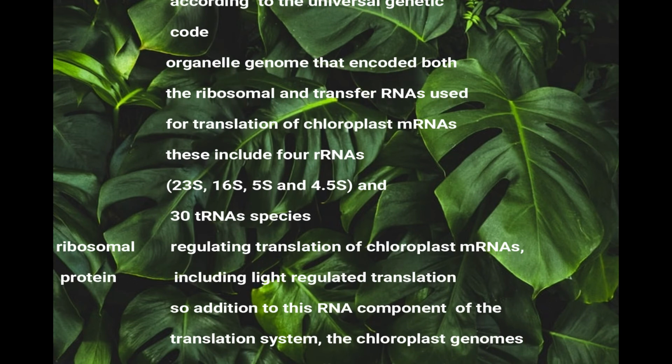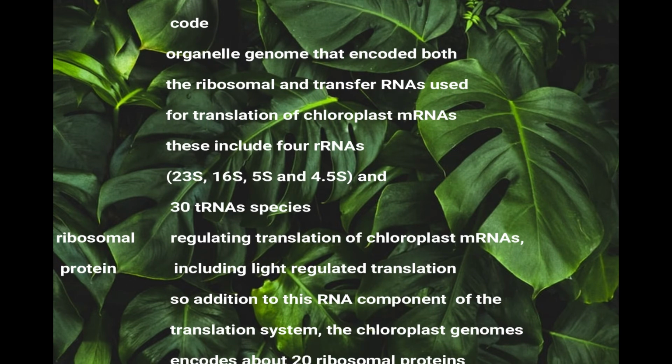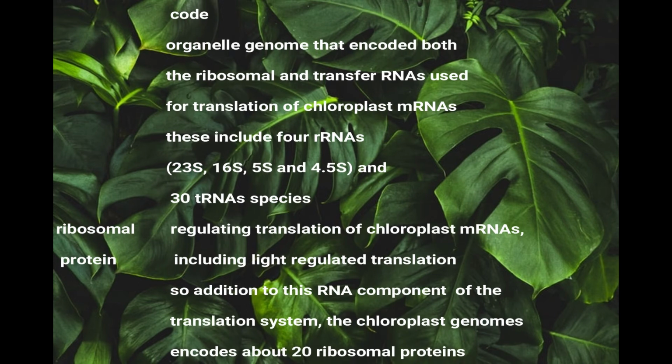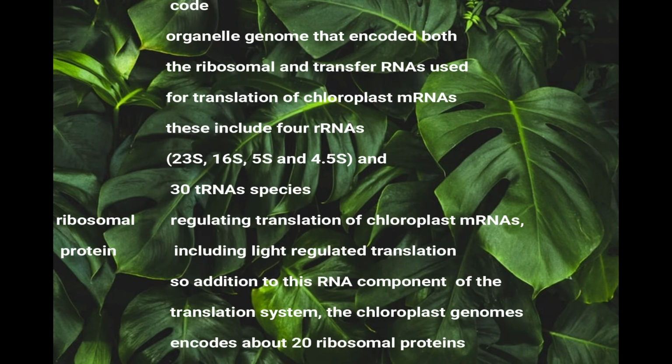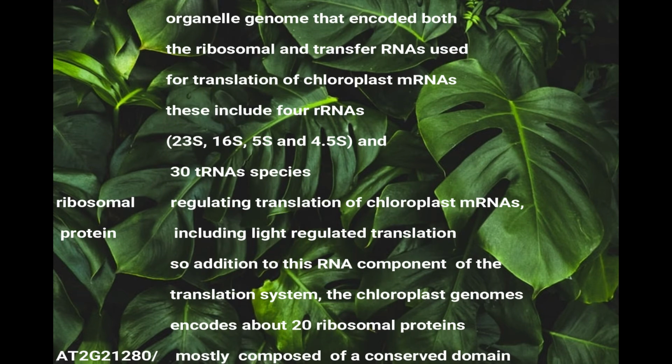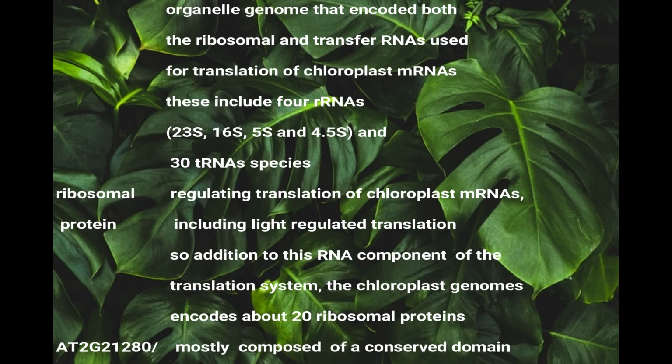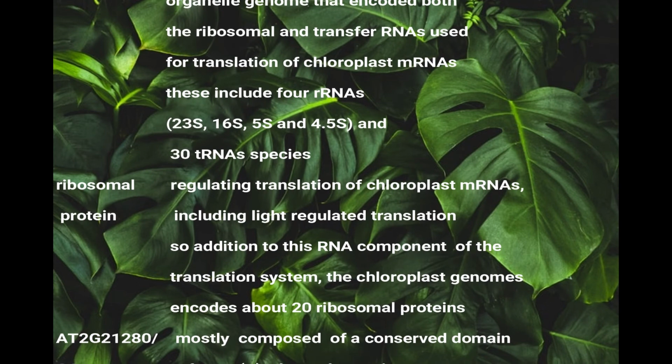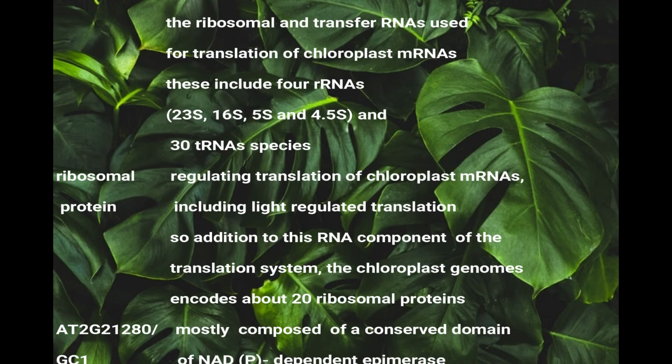The first genes with function in the chloroplast are the tRNAs, which function to translate all the mRNA codons according to the universal genetic code. This organelle genome encodes both the ribosomal and transfer RNAs used for translation of chloroplast mRNAs.